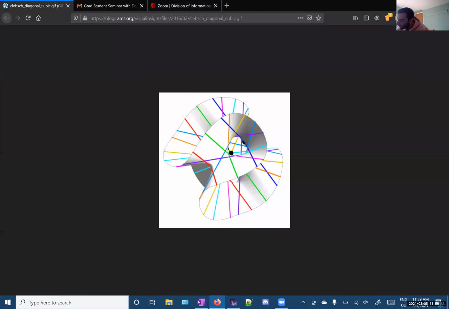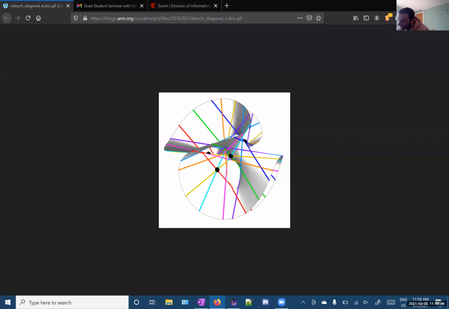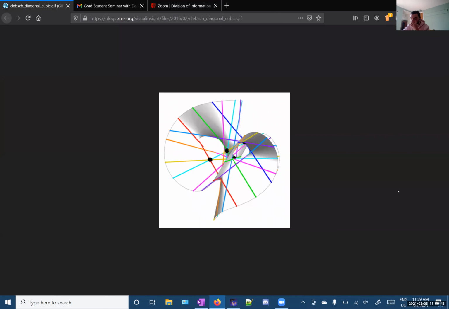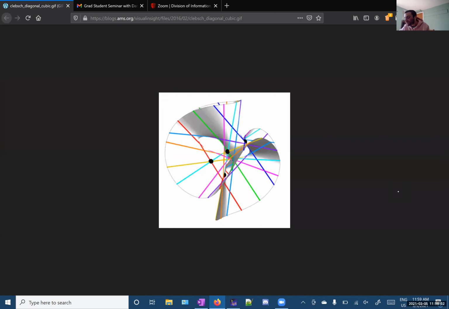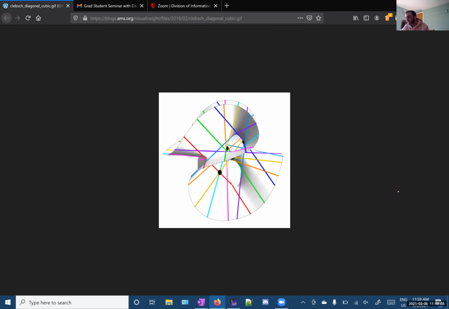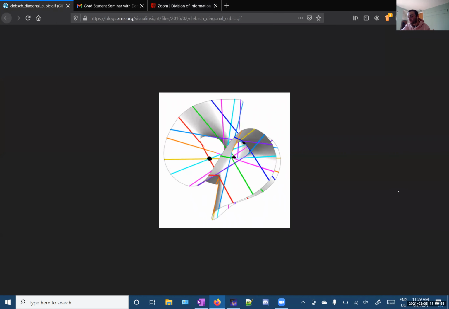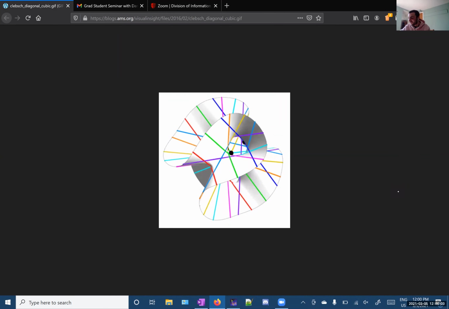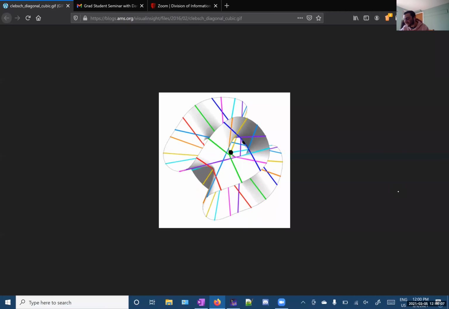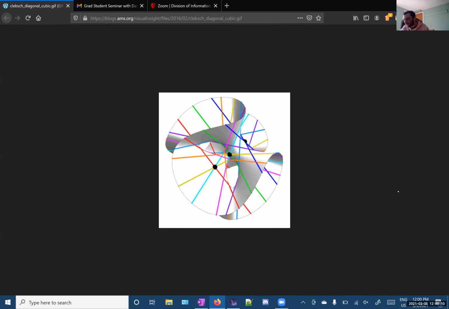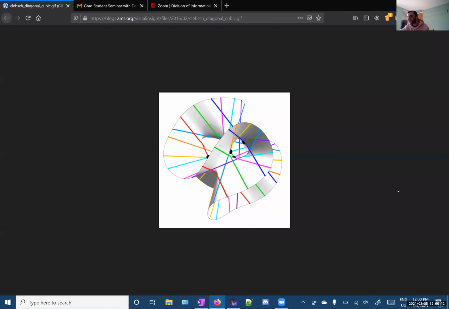So this is a nice little animation of one of these surfaces. And here are all of the 27 lines. And actually you can see a little bit, I lied to you at some point. I said that the 3 lines have to intersect in a triangle, but this is not actually the case. They can all intersect at a single point. But I wanted to streamline this talk a little bit. So these black points on this little animation denote the points where 3 of these lines intersect.